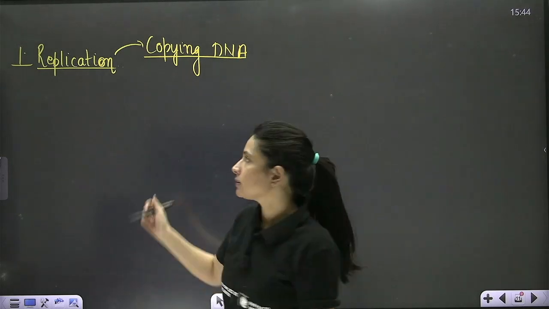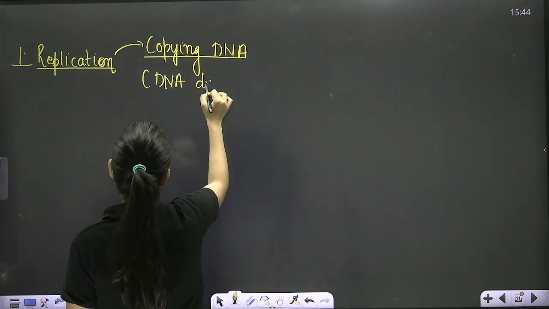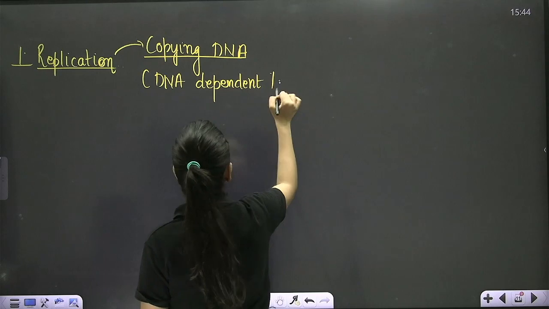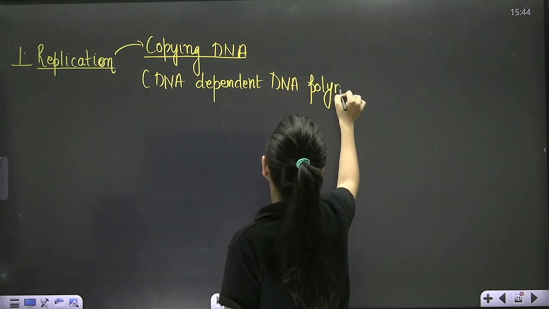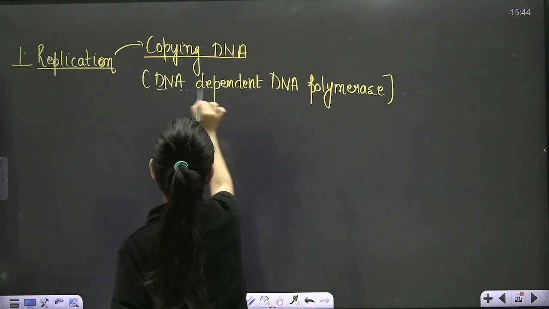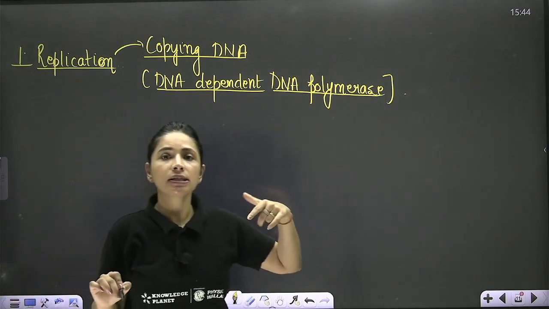And for this, the most important enzyme is DNA dependent DNA polymerase. First thing. Second thing, beta, how does it happen?